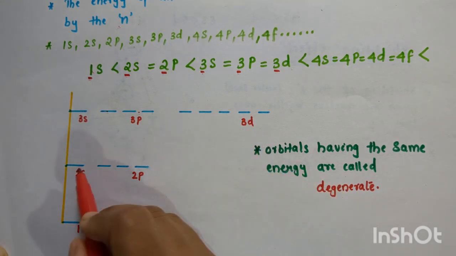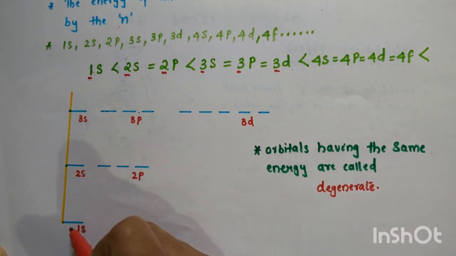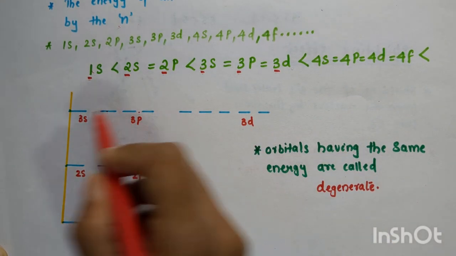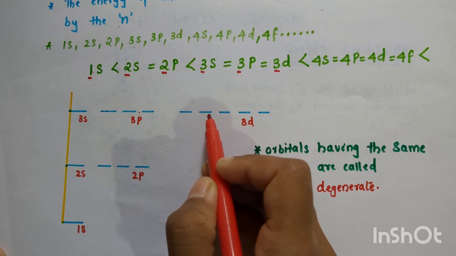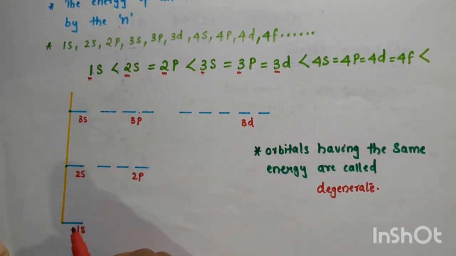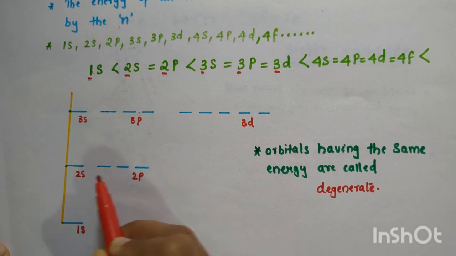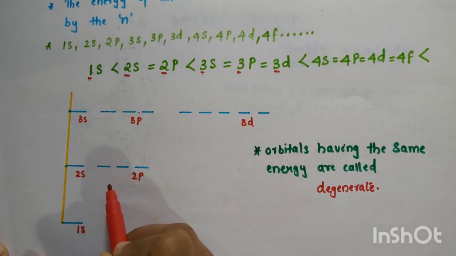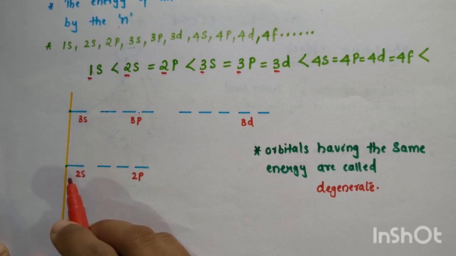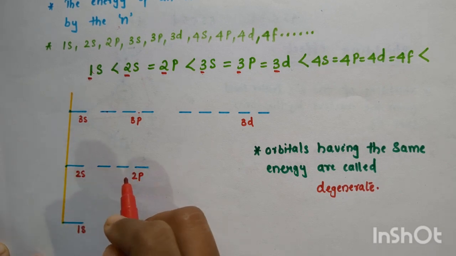Alright. So you see, 2s and 2p have greater energy than 1s. 3s, 3p and 3d have greater energy than 2s. But these have the same energies. The shapes of 2s and 2p orbitals are different, but an electron in the 2s orbital will have the same energy as an electron in the 2p orbital.